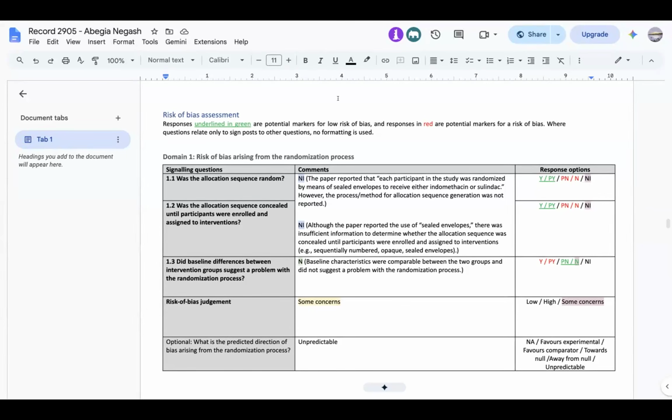But I do agree that the method of concealment was adequate. Okay, so for 1.2, do we want to go with probably yes or NI? I think Lydia brought up a good point, so I'd put NI. Okay, does everyone agree with that?